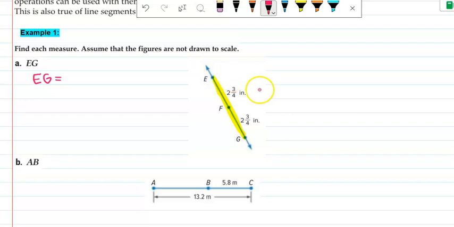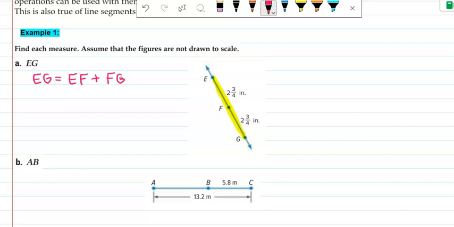The pieces of EG would be from E to F and F to G. And remember, these are just segments. They're not defined specifically this way. We could have called this GE or FE or GF, right? Remember, our segment can go in either order because it's not a ray, okay?